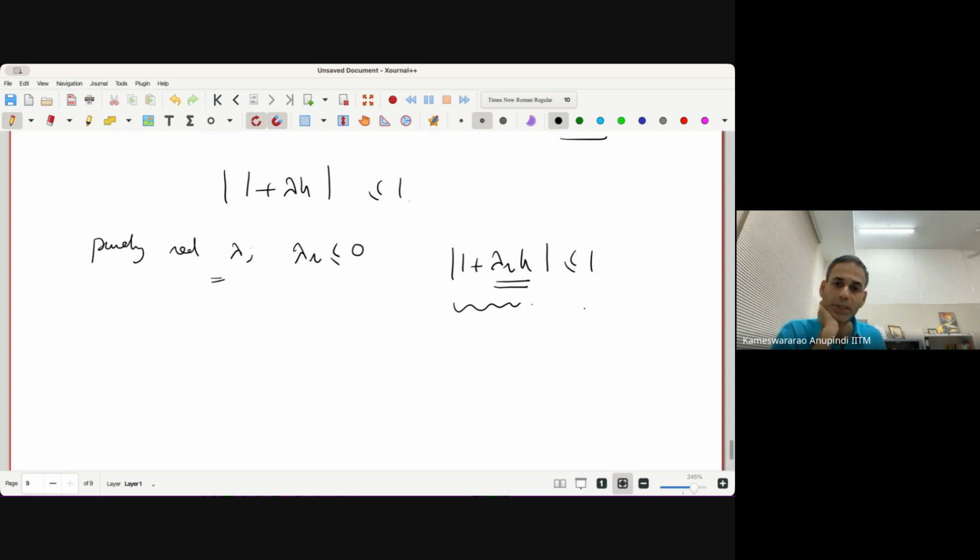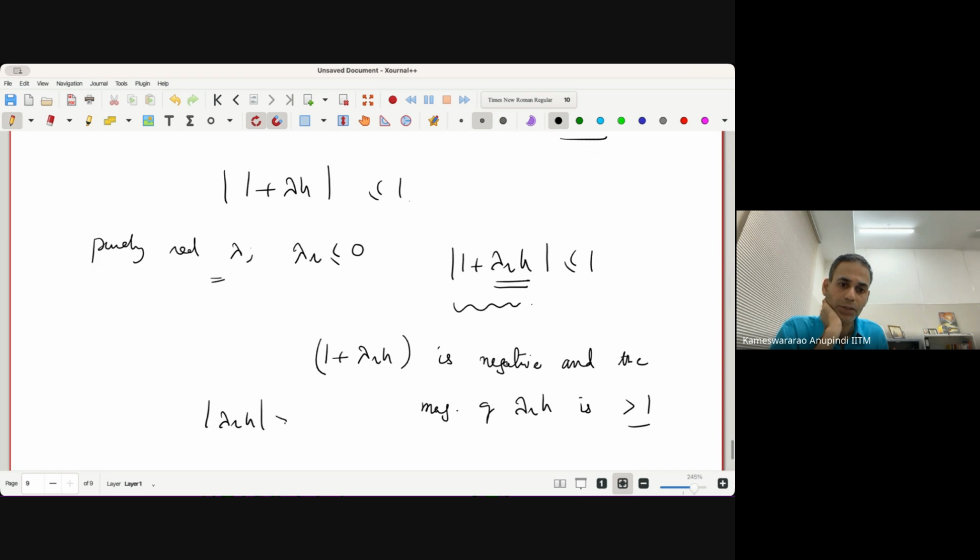So what this means is that 1 plus lambda r h is negative, and the magnitude of lambda r h is greater than 1. Only then can the magnitude of the entire thing be smaller than 1, but for that this has to be negative.